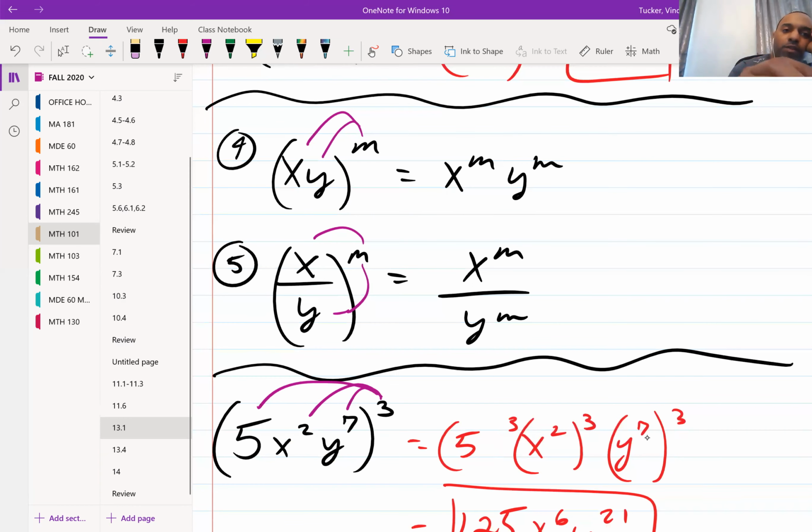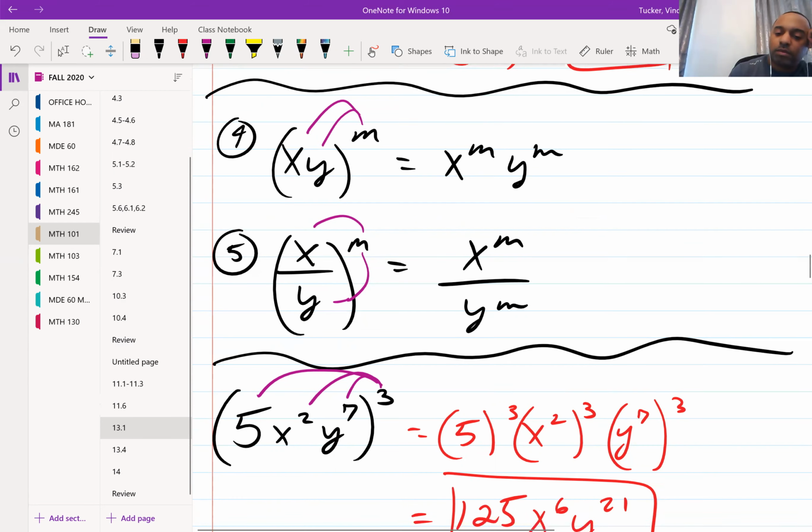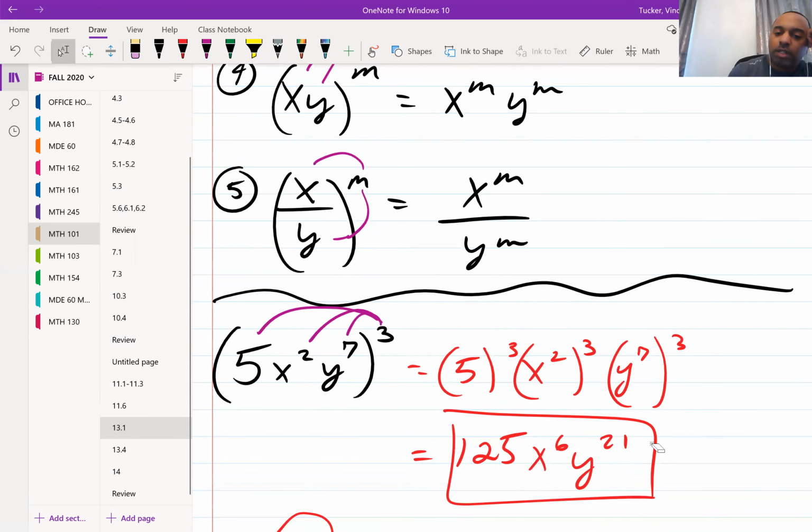So that's why we have 5 cubed, x squared cubed, and then y to the 7th cubed. And that will be the result. 5 cubed is 5 times 5 times 5. So 5 times itself 3 times gives us 125. And then x squared cubed, we're going to multiply those exponents. That'll give us x to the 6th. And 7 times 3 is y to the 21st.